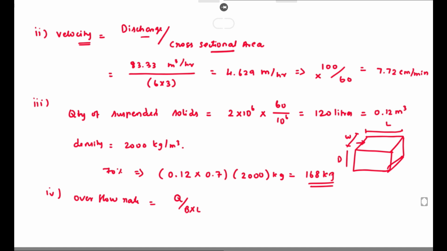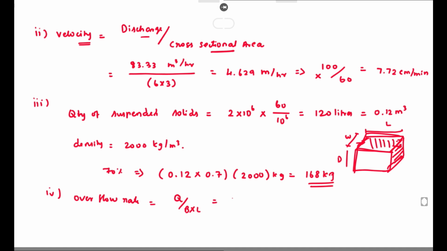The water inlet is here and the outlet is here, so the velocity is based on the discharge over this cross sectional area, but the surface overflow rate is based on the surface area. So the surface area is responsible for overflow rate, and the cross sectional area is responsible for velocity.